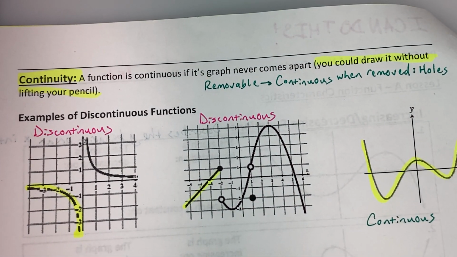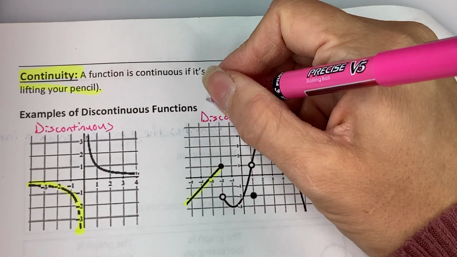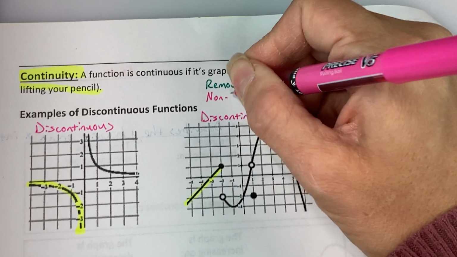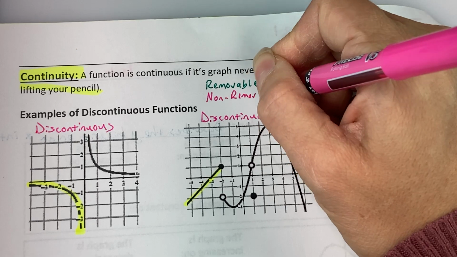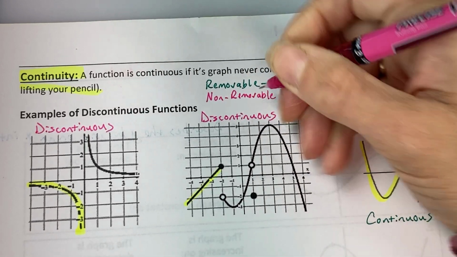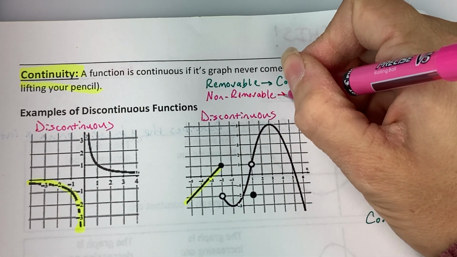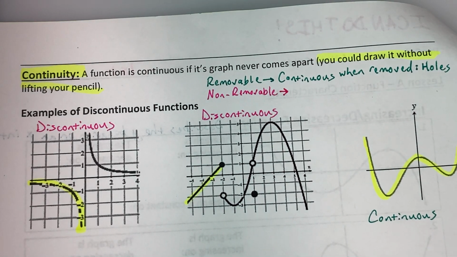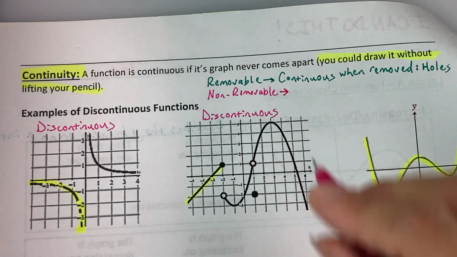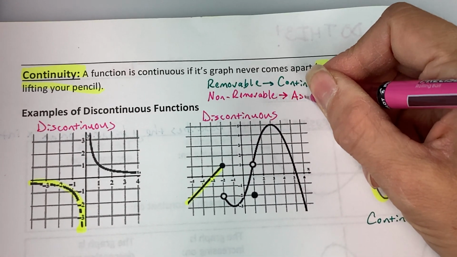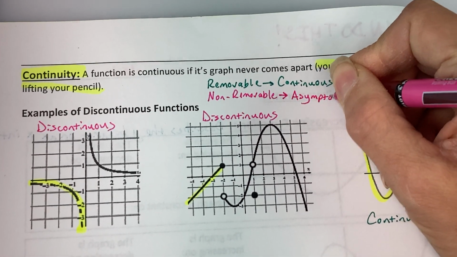The second type of discontinuity is non-removable. And these are discontinuities that even if I was able to fill in the dot or fill in the asymptote, it would still be discontinuous. So non-removable can be asymptotes or holes.